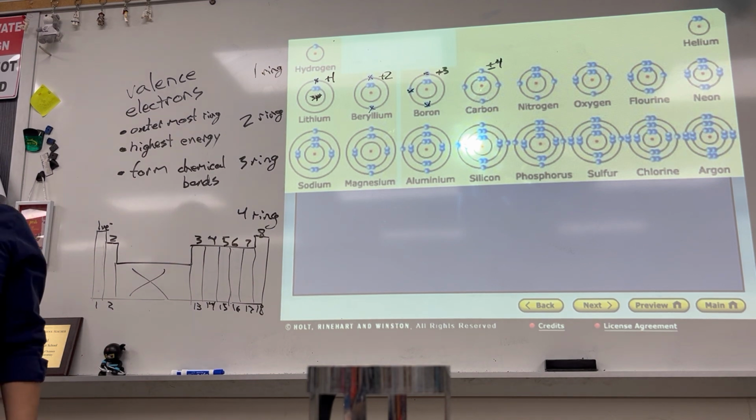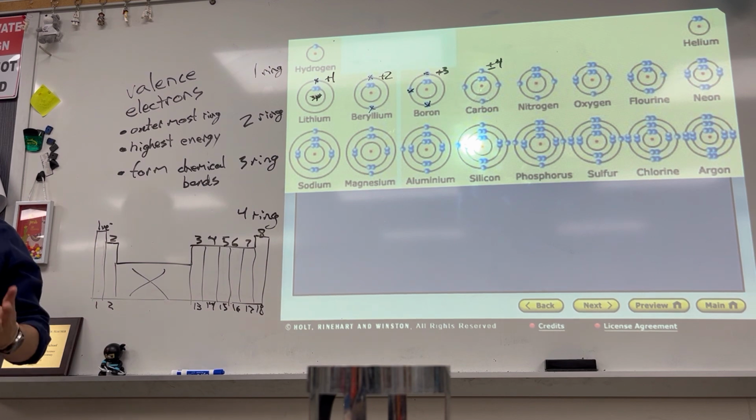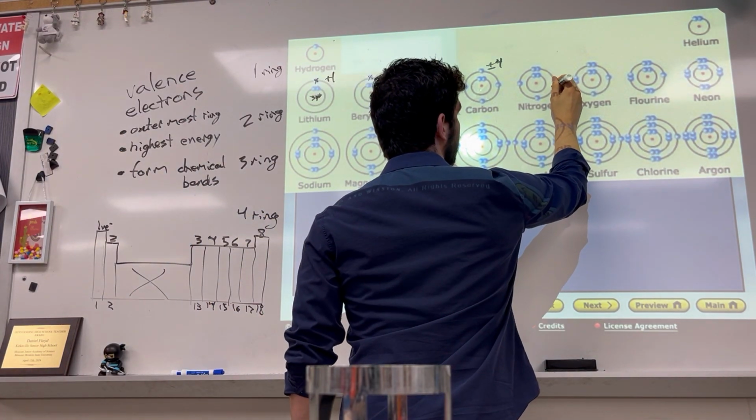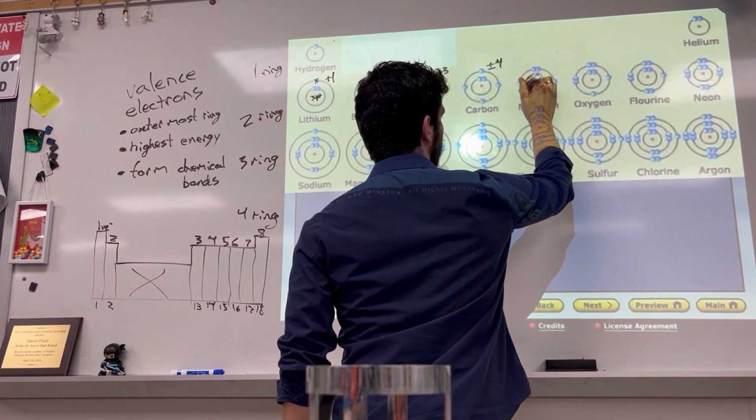What about nitrogen? Nitrogen is closer to neon now, right? So that means it will be more stable when it has 10 electrons total. So nitrogen needs to gain electrons, doesn't it, to be more stable? Specifically, 3 electrons, yes?